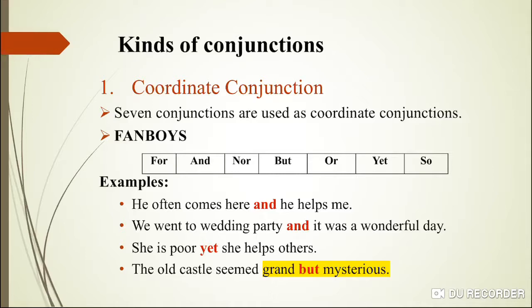Whenever these conjunctions are used in sentences, they are known as coordinate conjunctions. And all the coordinate conjunctions make compound sentences.